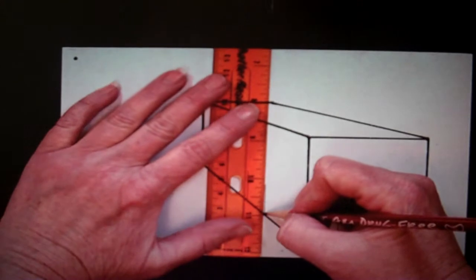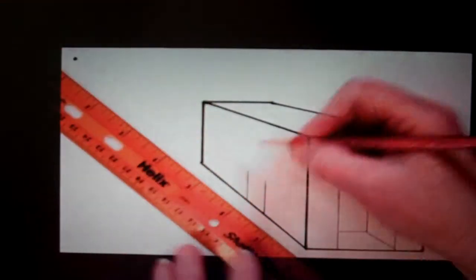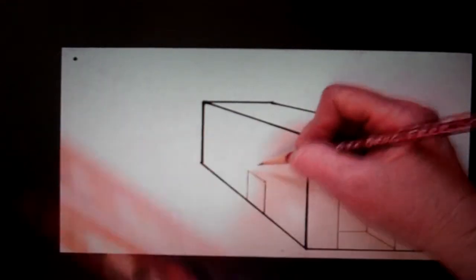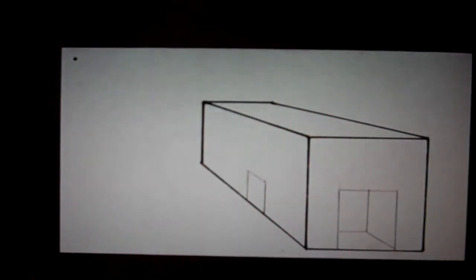To the vanishing point. So two verticals, line up the far right to the vanishing point and draw over. Don't just connect your two verticals, you have to make sure it angles to the vanishing point. That's a common mistake kids make. Two verticals, top angles to the vanishing point.